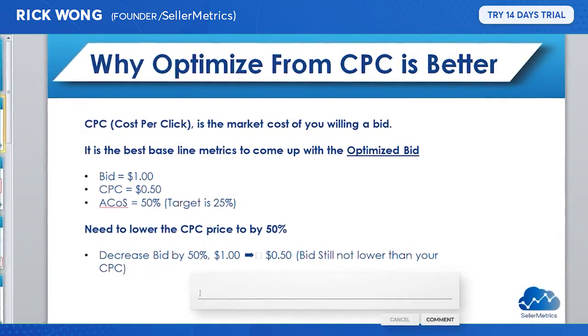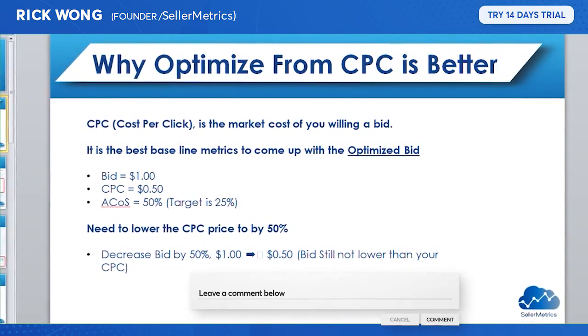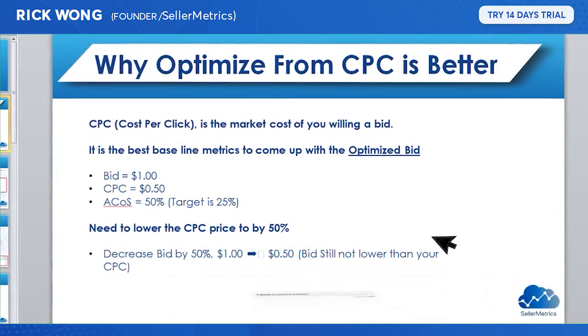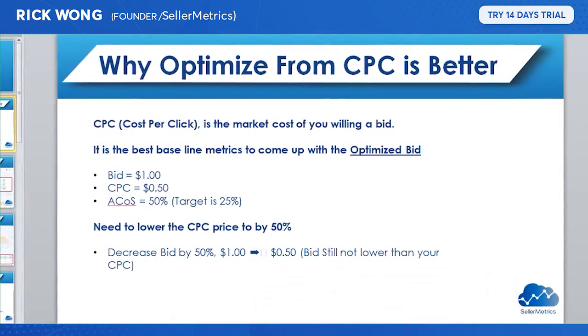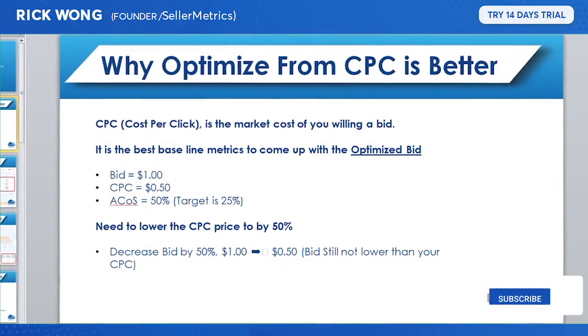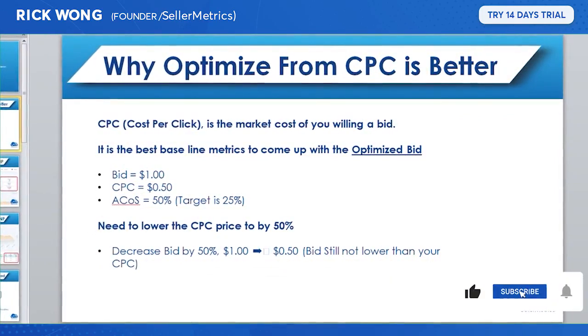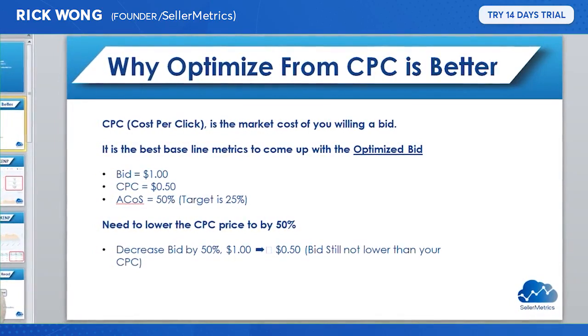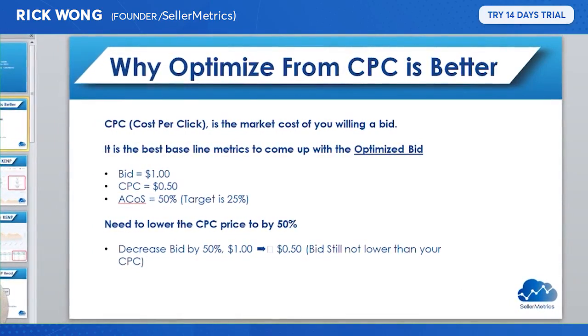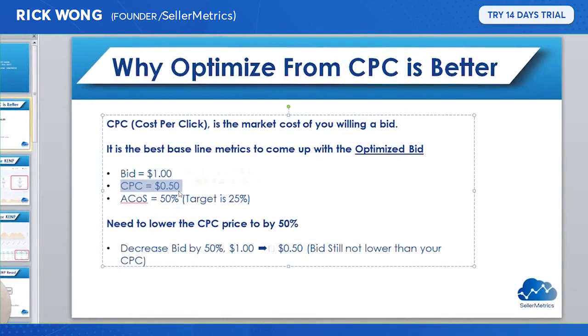If you want to move ACOS, the cost per click is a really good benchmark for that. If you could decrease your cost per click, that would have a direct correlation with decreasing your ACOS. In our example, our bid is $1 and our cost per click is 50 cents.